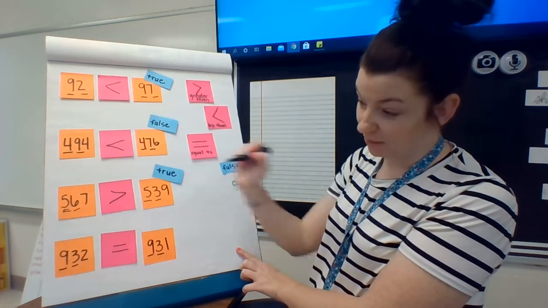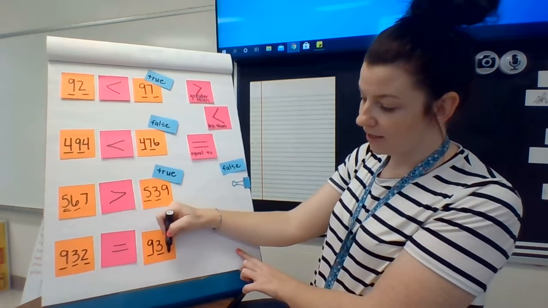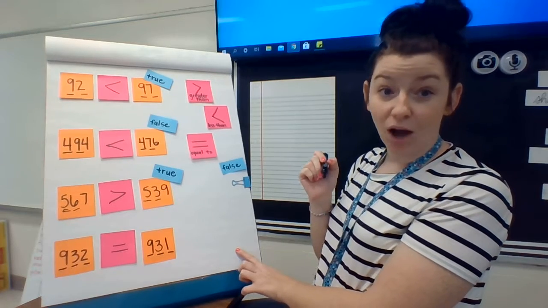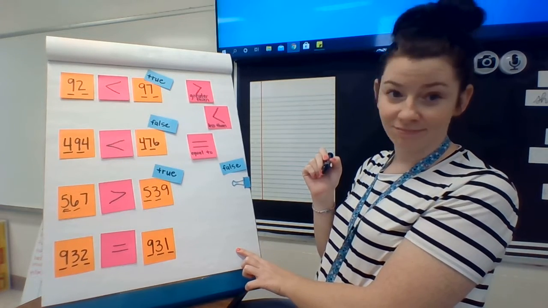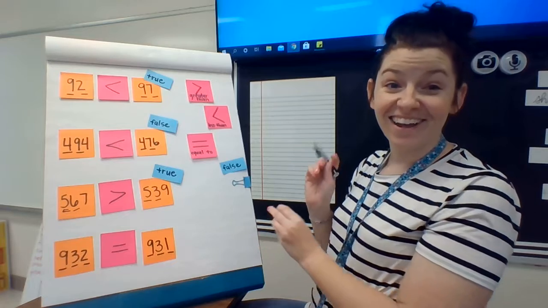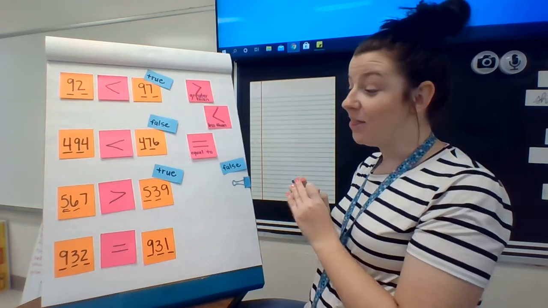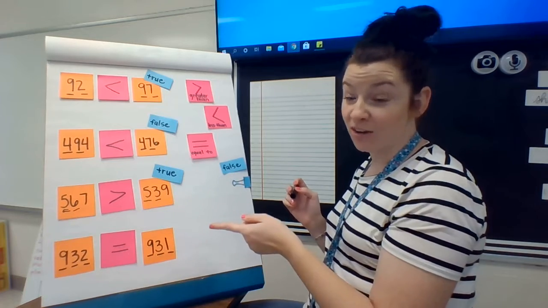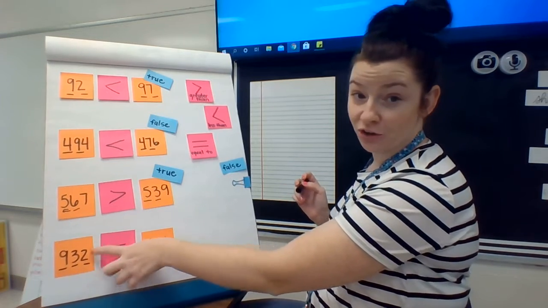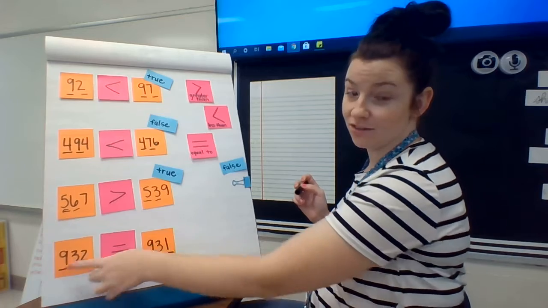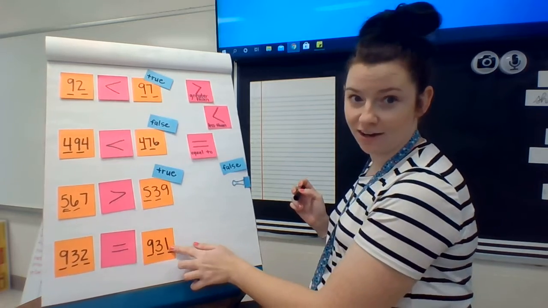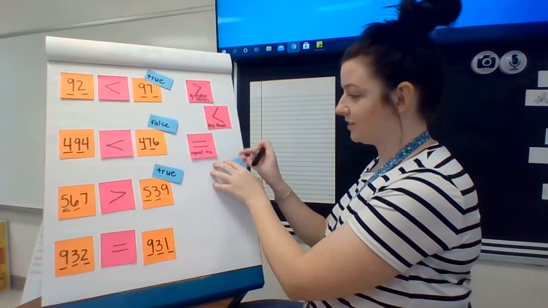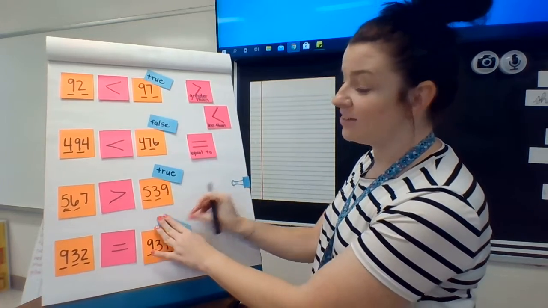Now look at the ones place. I have a 2 and I have a 1. Are they the same? They're not. Since they're not the same, this cannot be an equals. This sign should be a greater than, because in 932, this 2 is greater than a 1. So 932 is greater than 931. This is false.